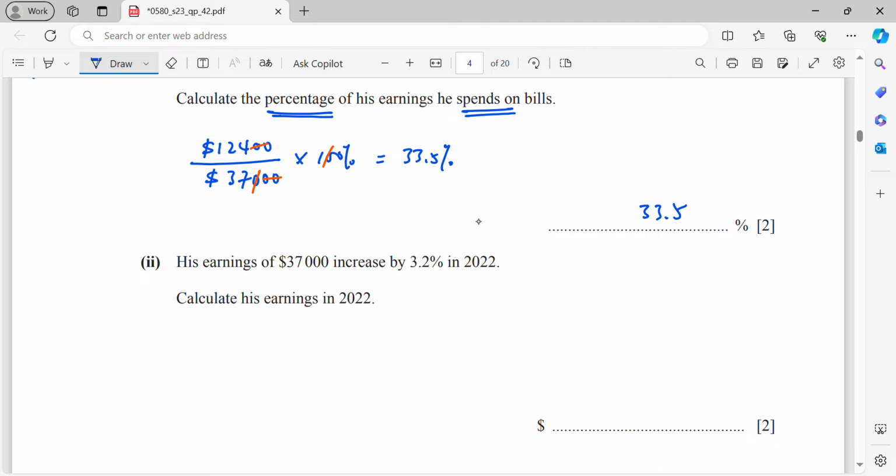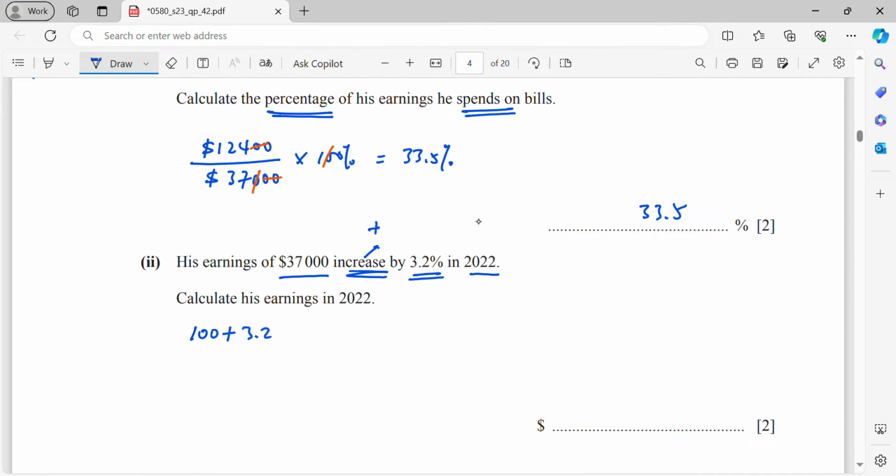Now part 2, his earning of $37,000 increased by 3.2% in the next year. Calculate his earnings in 2022. So because of increase, we plus. So initially it was 100%. So now you plus with 3.2.